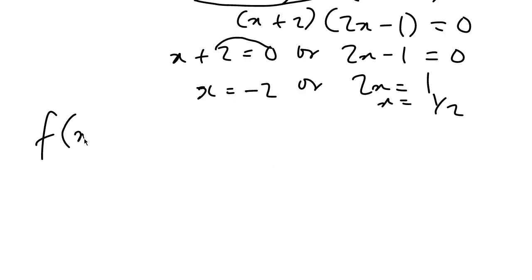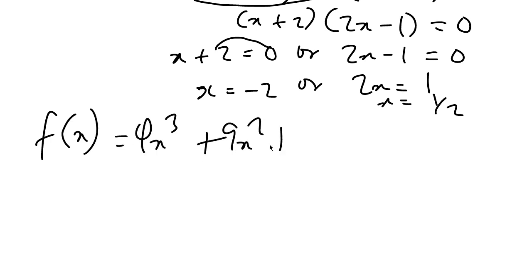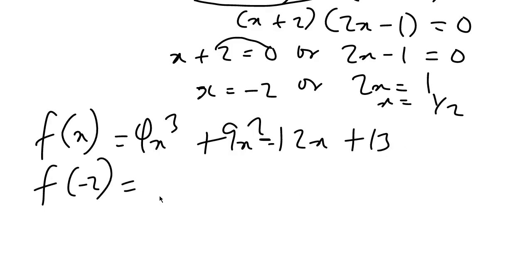So f of x is what? 4x cubed plus 9x squared plus negative 12x plus 13. So do you now test at minus 2? Right? If you test at minus 2, what is it going to give you?